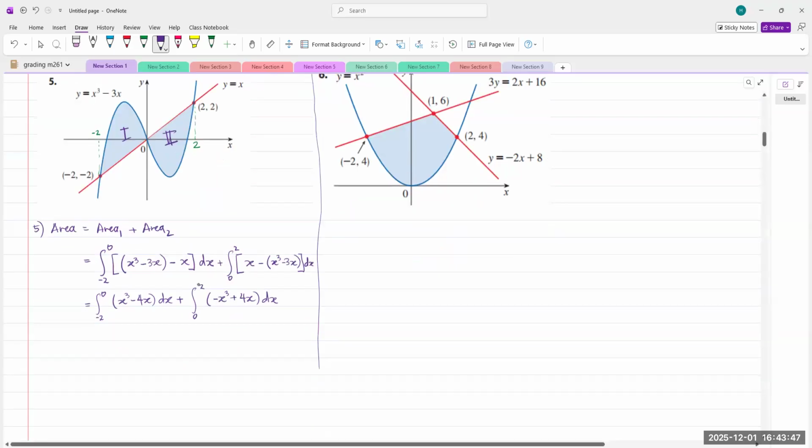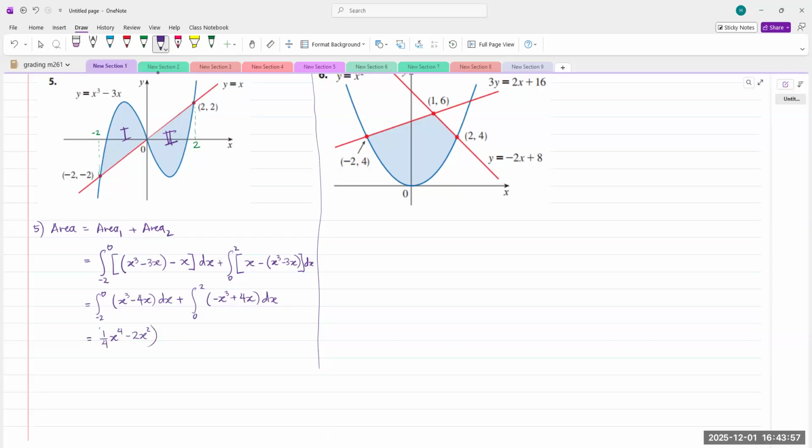So for area 1 and area 2, I will integrate: that's 1/4 x to the 4th minus 2x squared from -2 to 0, plus negative 1/4 x to the 4th plus 2x squared from 0 to 2.